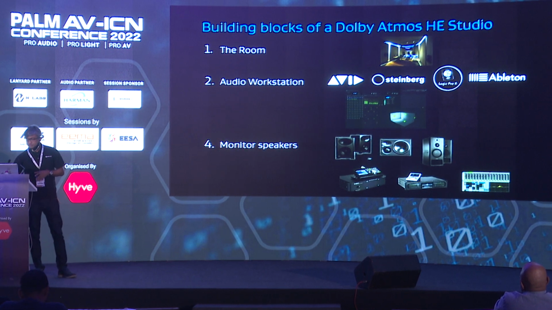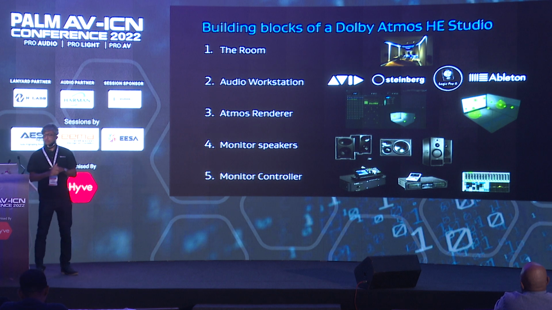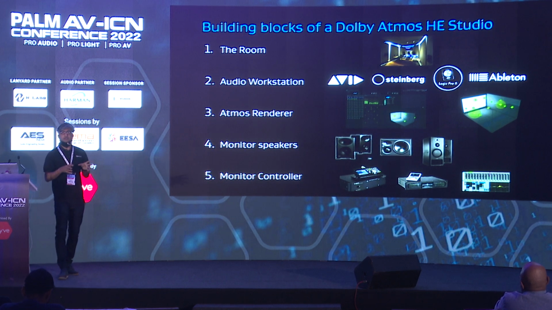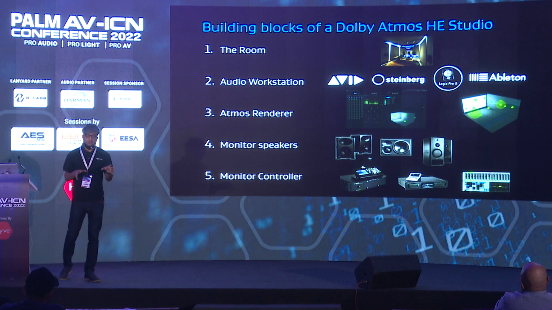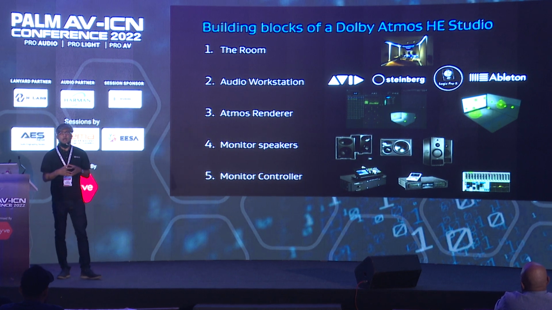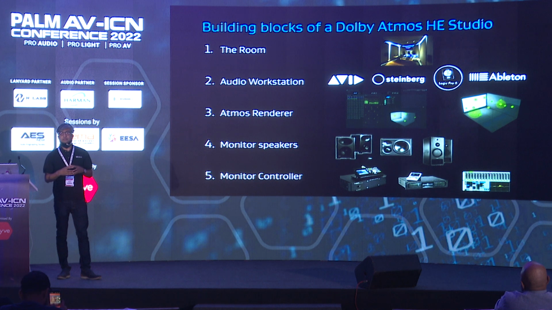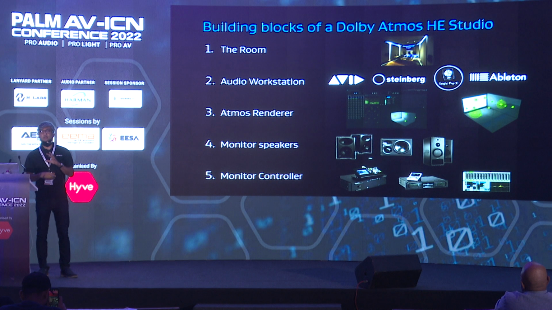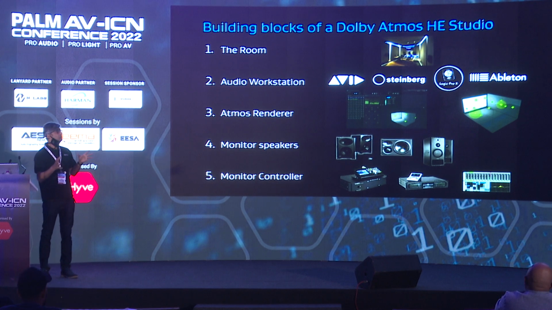Now, most importantly, you would need the Dolby Atmos renderer. When you're mixing something in Dolby Atmos, the heart of this entire system is the Dolby Atmos renderer. What it does is take all the multiple tracks that are there in your mix.